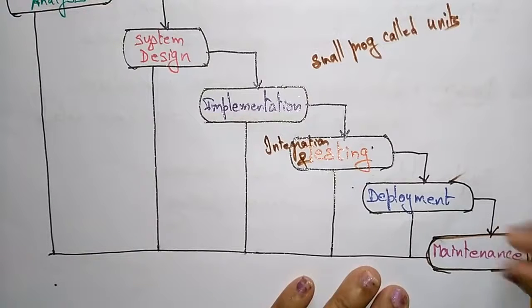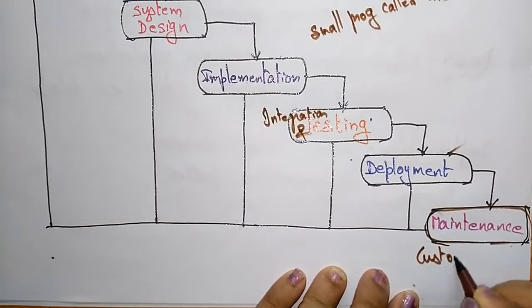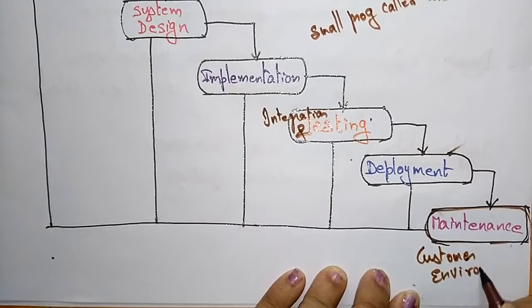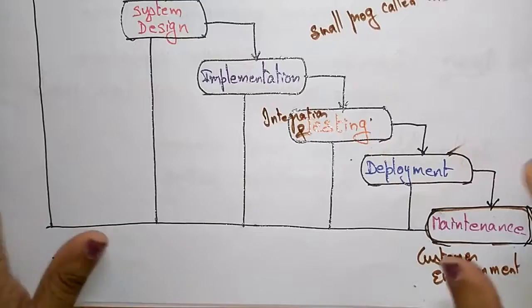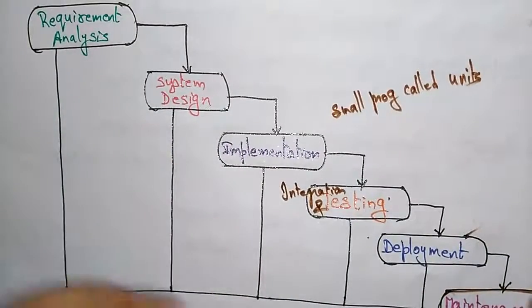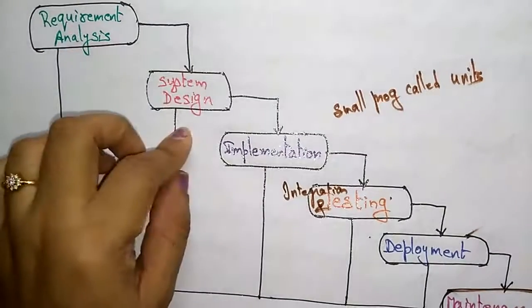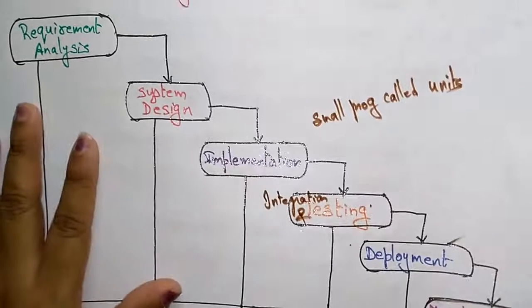The maintenance stage occurs in the customer environment only. So these are the different stages in the waterfall model: requirements, system design, implementation, integration and testing, deployment, and maintenance.